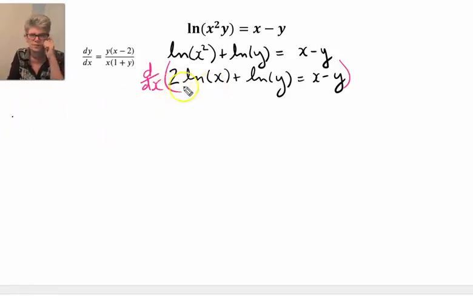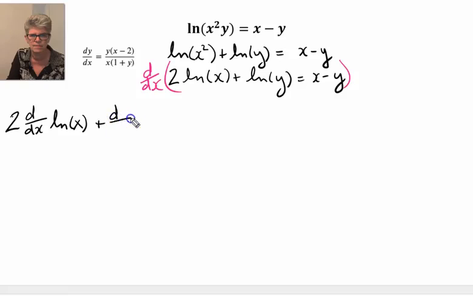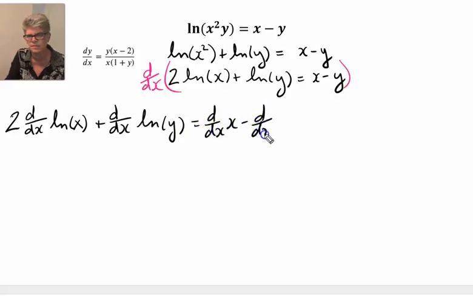So with the first term, that 2 can come out the front. Okay. So the derivative of ln of x is 1 over x. So I'm going to have 2 times 1 over x.